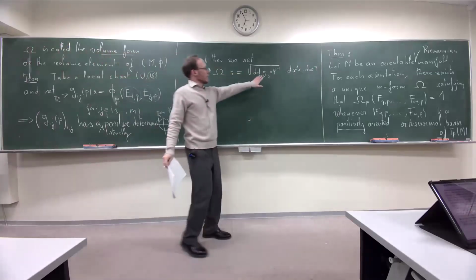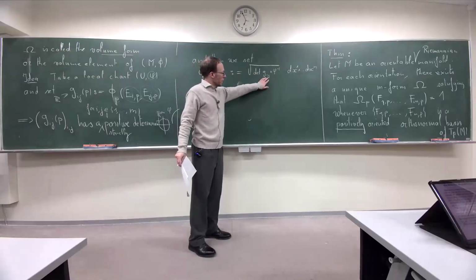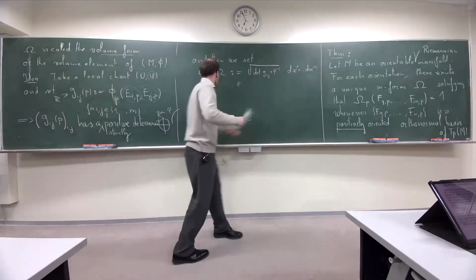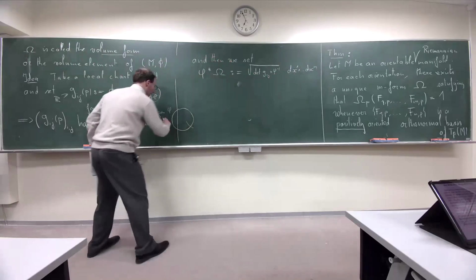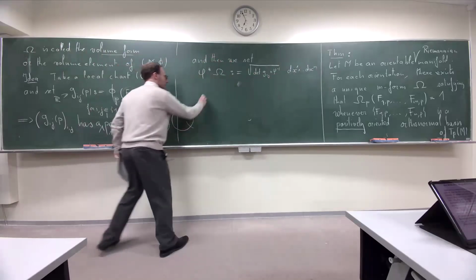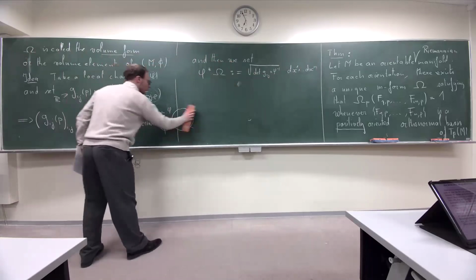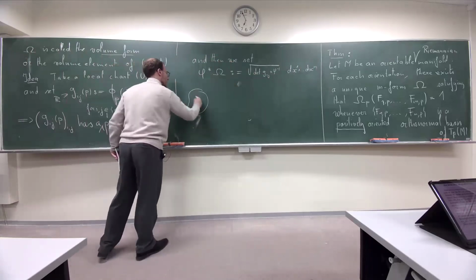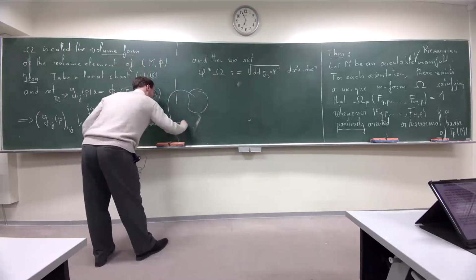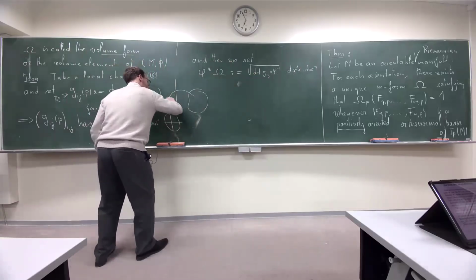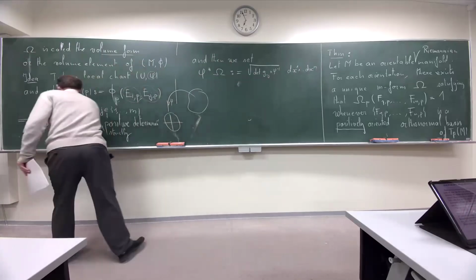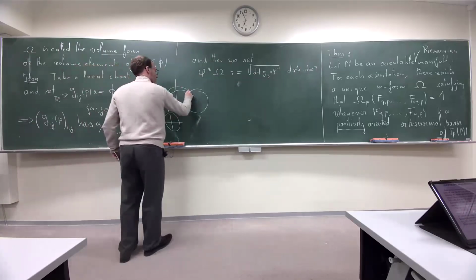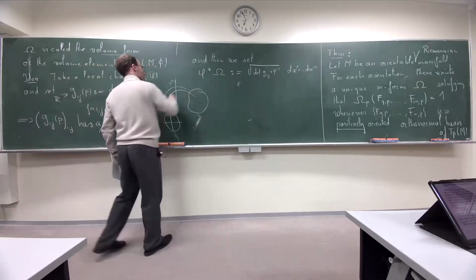This function is defined on the manifold. Let me do it again. It goes from Rm to the manifold, because the manifold is here and phi is a local chart, so phi is going in this direction. So its inverse is going in this direction.